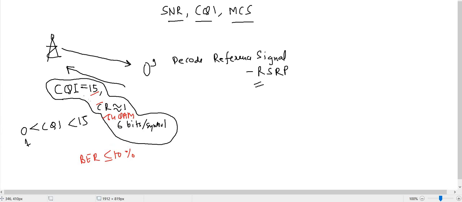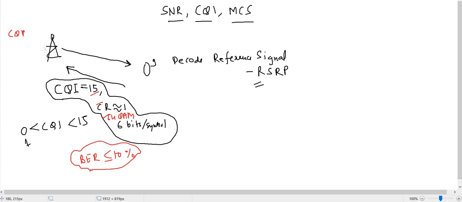So this is the belief of UE, that with this kind of configuration or parameters, the bit error rate will be less than 10%.